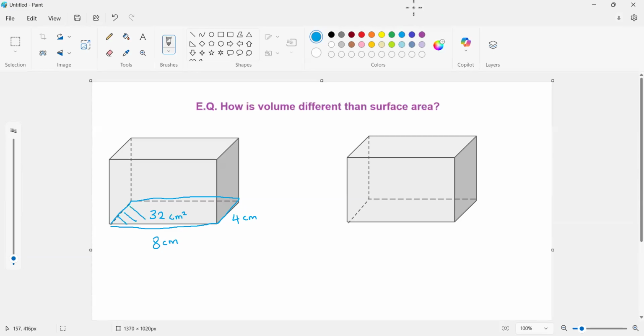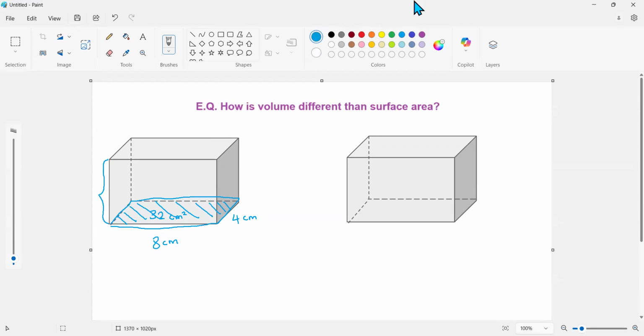That is how much area this base of this solid form is. Now, this object is built on the area; its foundation is on the area. So if we want to know how much capacity, how much this object can hold inside of it, we have to multiply the area by the height of this prism.